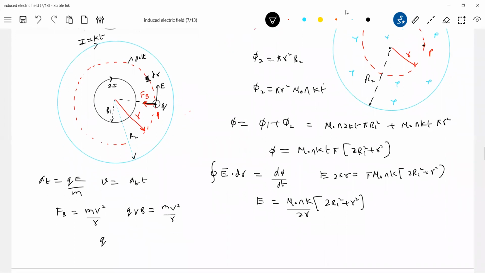First we'll take this much out. μ₀nkt should be equal to mrv, which you can write as qE/m into t. So that t also gets cancelled, and you know the value of phi. Substituting that E here and solving, we'll get the required answer.